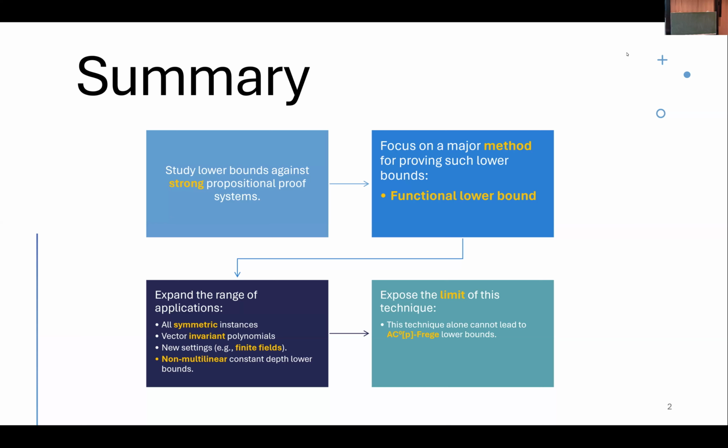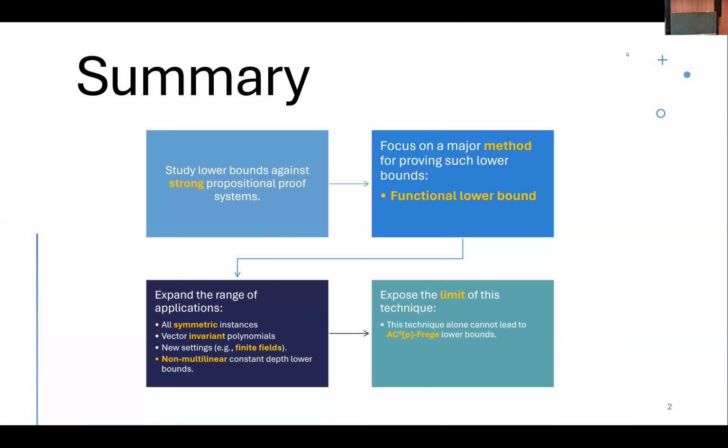Now, we want to focus on a specific method within IPS lower bounds, and this is the functional lower bound method. That was arguably the major approach to prove lower bounds on IPS, and this is based on a reduction to circuit complexity.